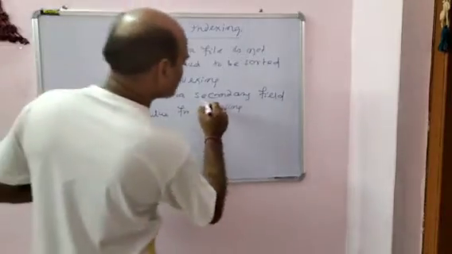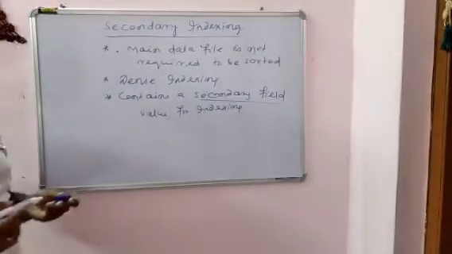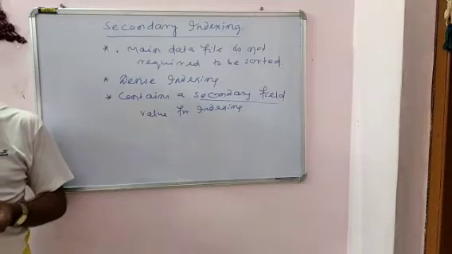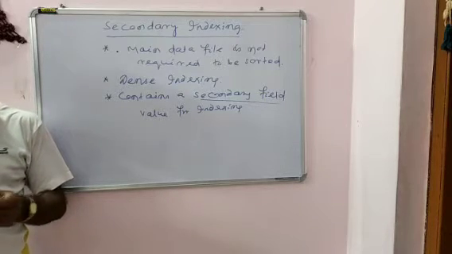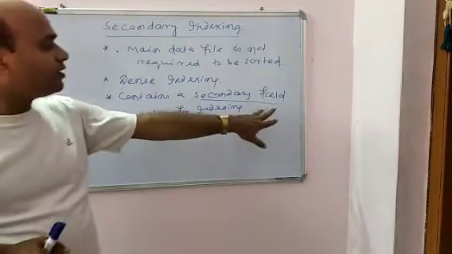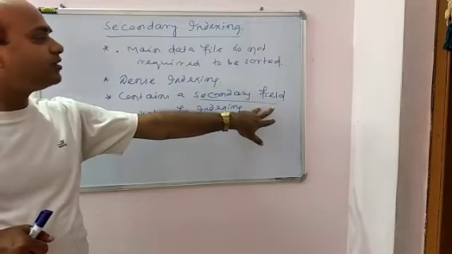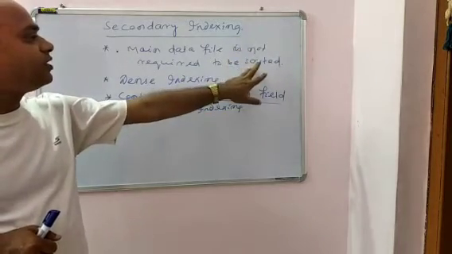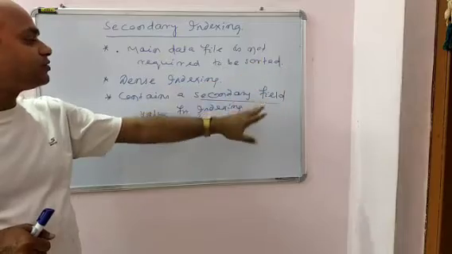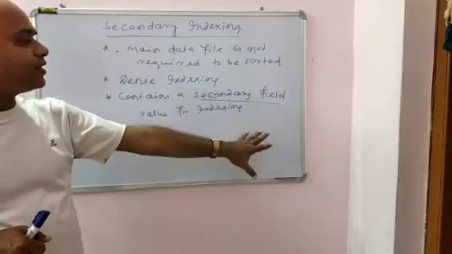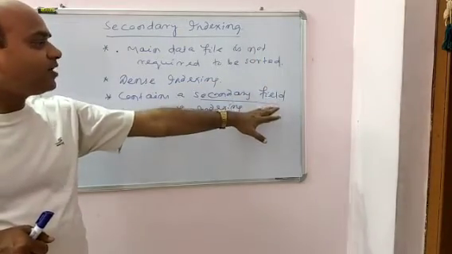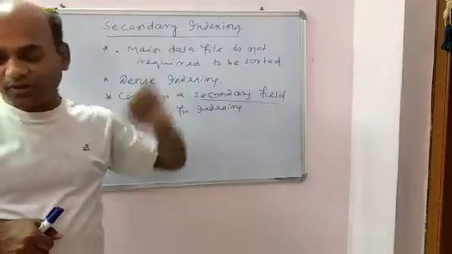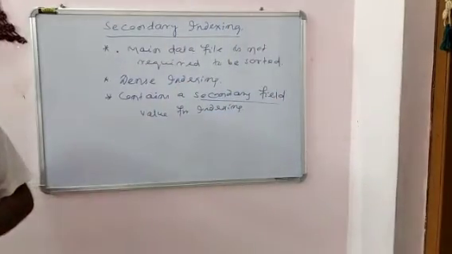A secondary field is required, which is not the ordering field of the data file. This field is not the ordering field of the data file, because the data file is not required to be sorted. So we can search according to the secondary field, and in this field the data file is not sorted.